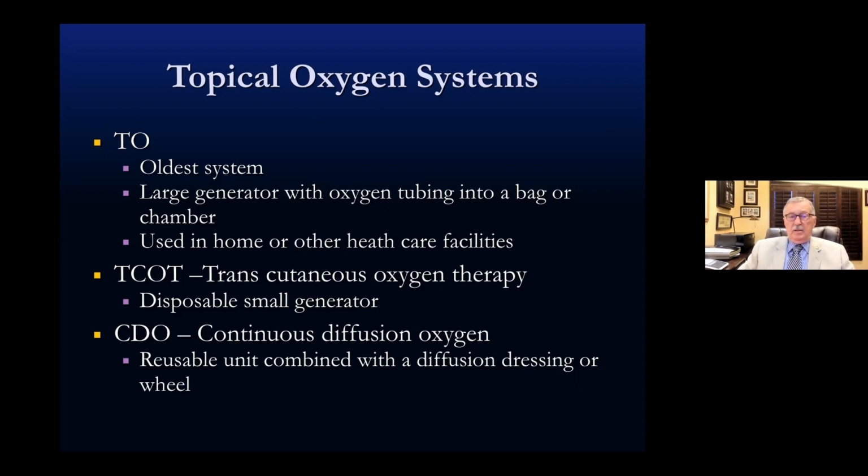Then there's TCO2, the transcutaneous oxygen with a small generator, and the CDO, continuous diffusion oxygen. I'll show the difference between those. In the CDO, the oxygen is delivered through a small tubing into a diffusion dressing or a wheel.